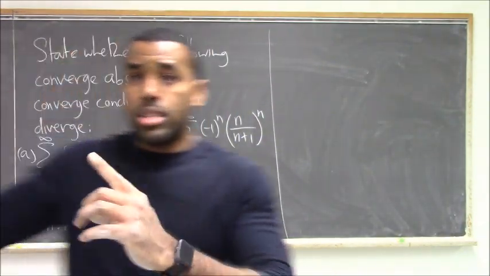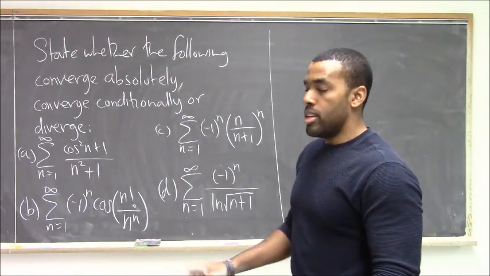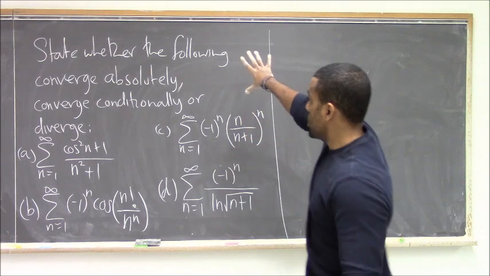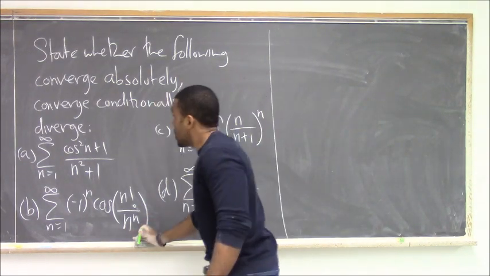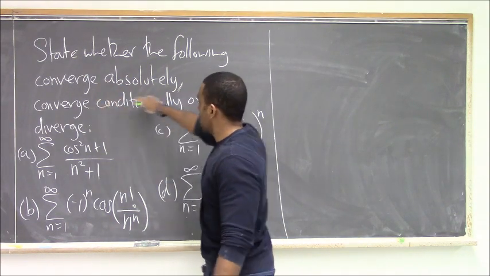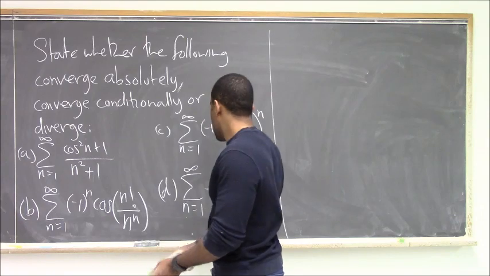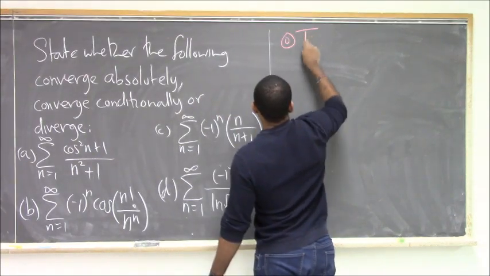Okay, so pause it, try them, and one other thing that you need to know for this kind of situation, which I did mention in class, but I'll mention it again, is that whenever you are asked whether something converges absolutely, converges conditionally, or diverges, first, always what you want to do first is test for divergence.